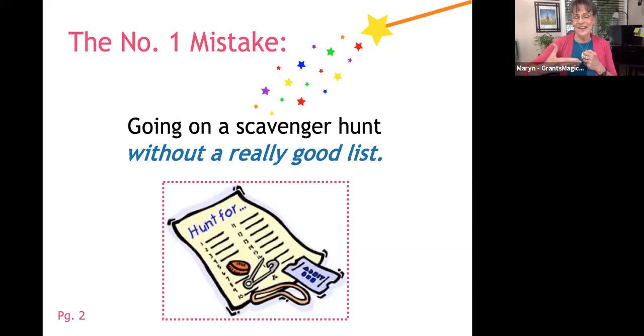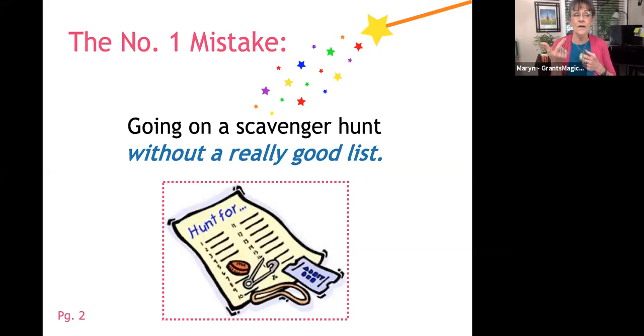Going out into the great and wonderful world of funder databases without a really good list that you've carefully prepared and thought about ahead of time, to identify and highlight the different aspects of your project, so that you can go knocking on funders' doors and saying, hey, we've got this thing, are you interested, is the single biggest mistake. A, you waste a lot of time.